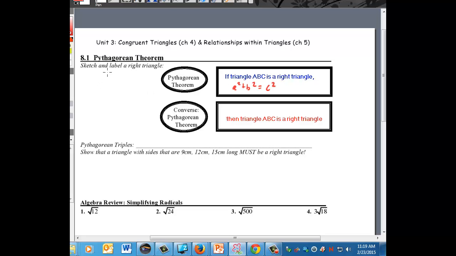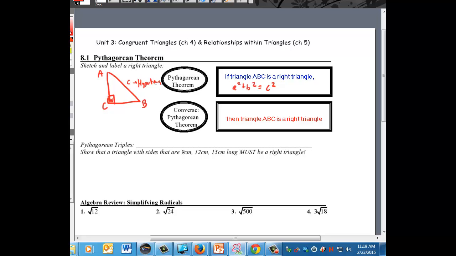Now again, let's draw this out so we understand what we're dealing with. Here's our right triangle. Let's put angle A on top, angle B on the side, angle C for our 90-degree angle. Therefore, c is going to be our hypotenuse. That's always the side opposite our 90-degree angle.